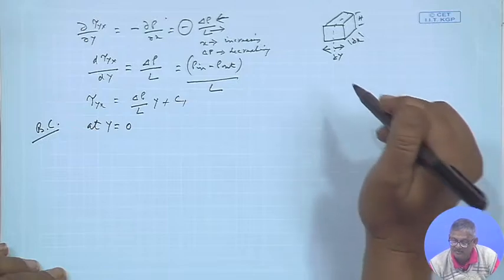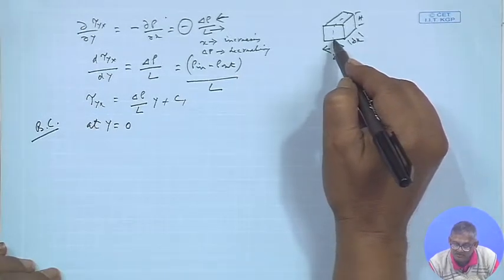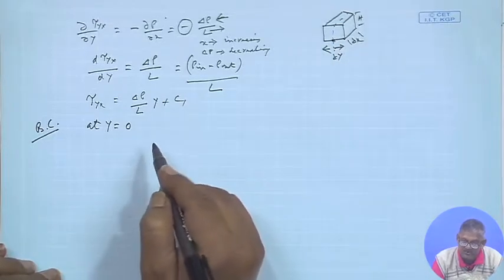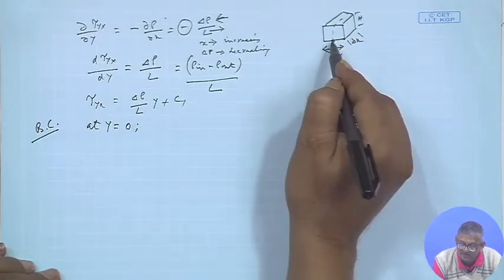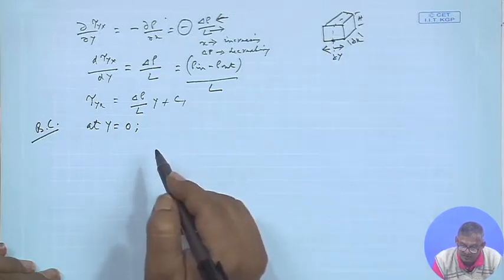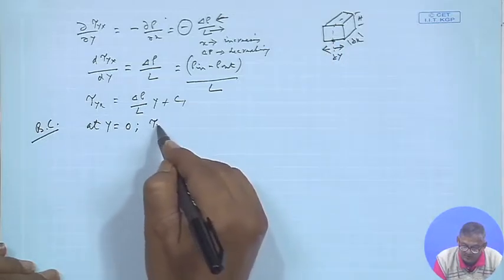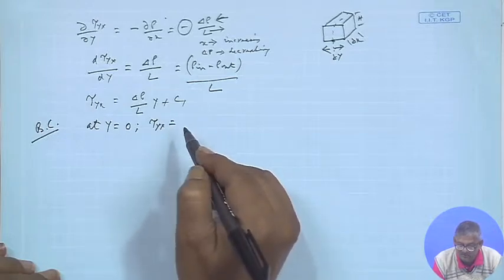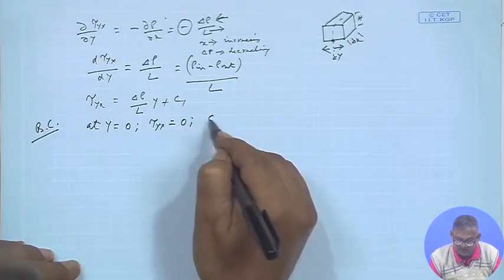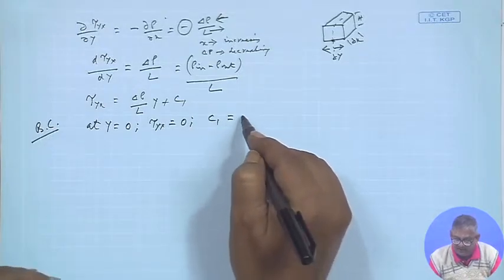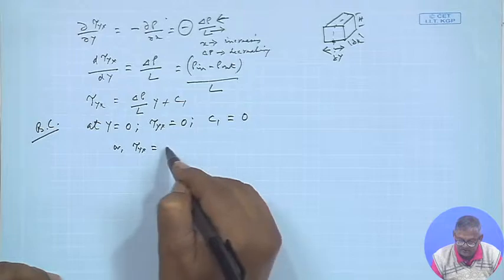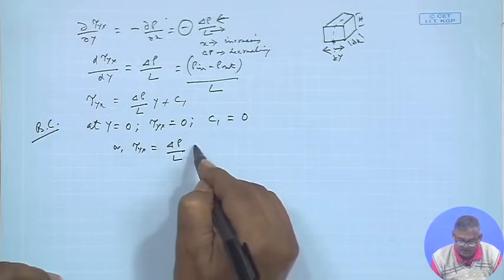At y is equal to 0, this point is the free end, not the wall, at the center. So, tau y x is equal to 0, then C1 is also equal to 0, or tau y x is equal to delta p over L into y.